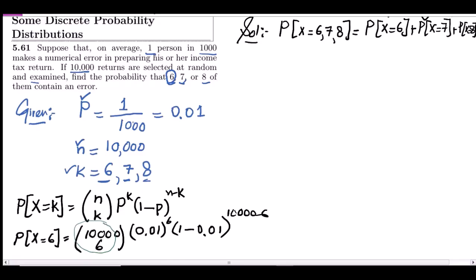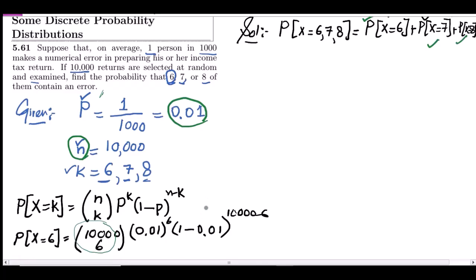This k here is giving you the values, but you can very easily see that this n is very high while this p is very small. So in that case we will find it for this one, this one, and this one, and we have to do very heavy calculations.